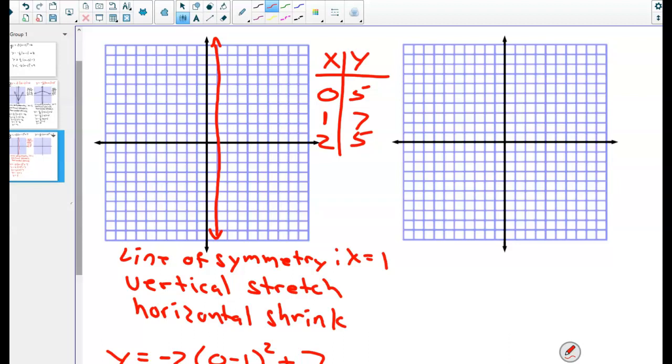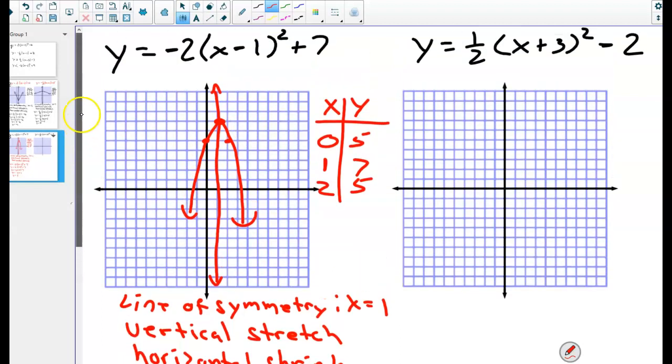1, 7. There's my vertex. 0, 5, and 2, 5. And this graph has got to look like a U. It's got to be a bent line. If you want to put an extra point in there really to confirm it, you could.